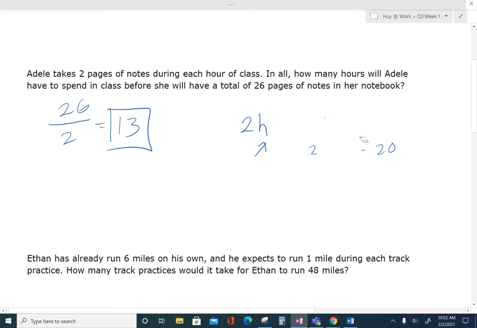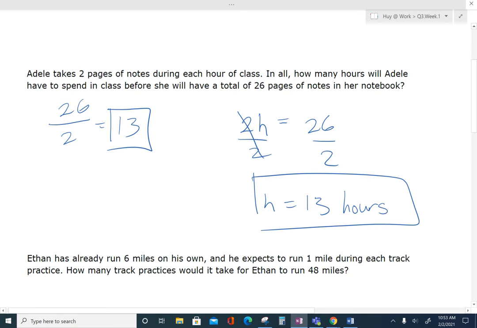So H is our variable for hours. And now she's going to have a total of 26 pages. So this would be our equation, where we can divide both sides by 2, and 26 divided by 2 is 13 hours, right?